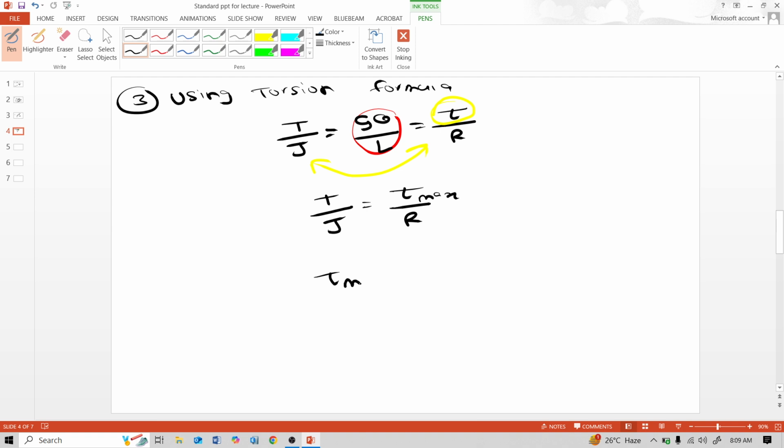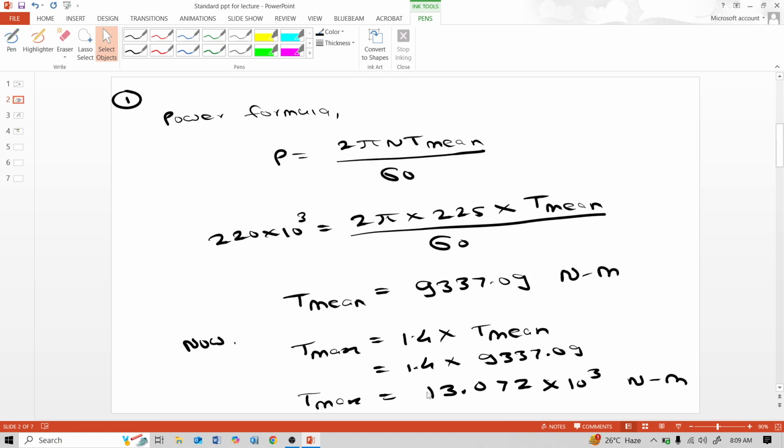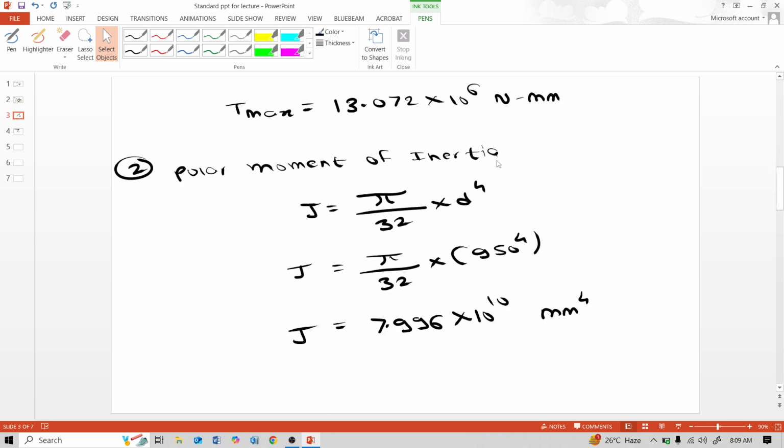So tau max is equal to T by J into R, and T here is T max, 13.072 into 10 raised to 6, not 10 raised to 3. Use the Newton mm value.